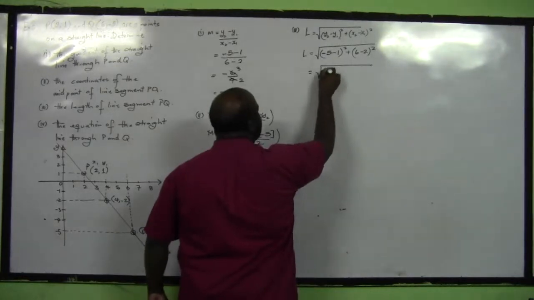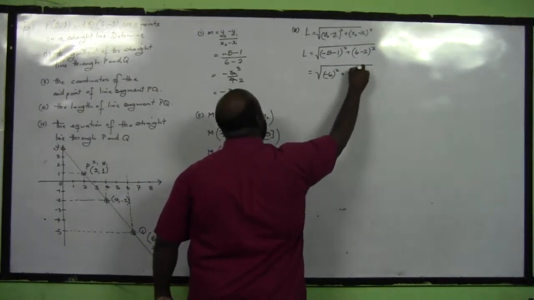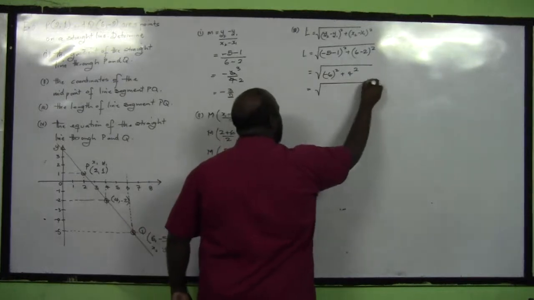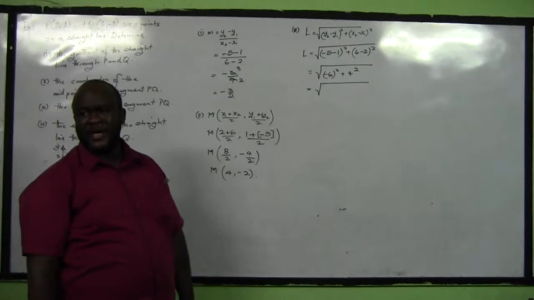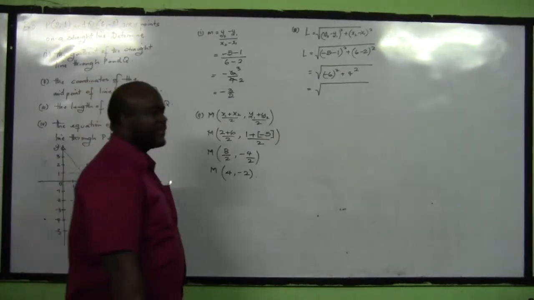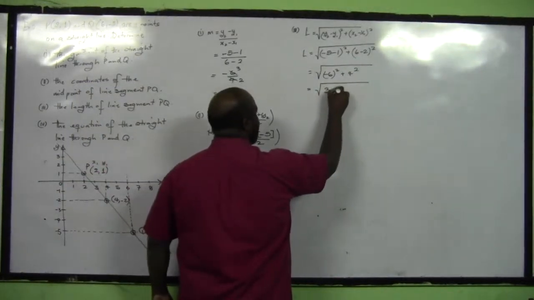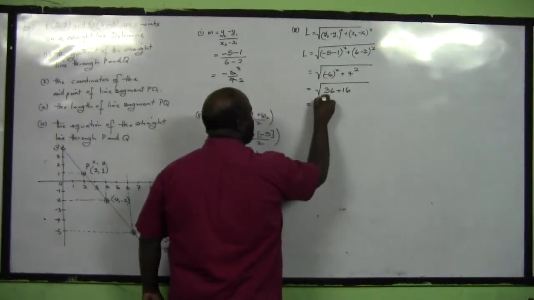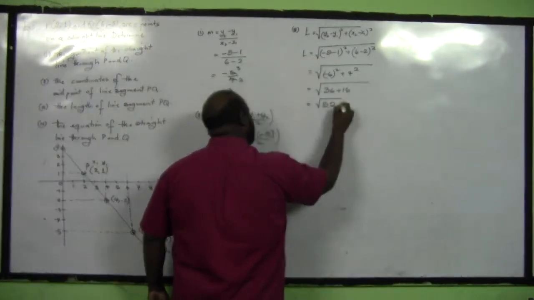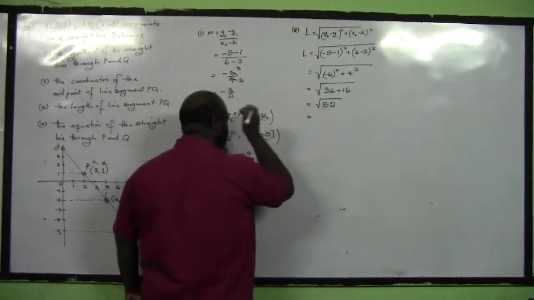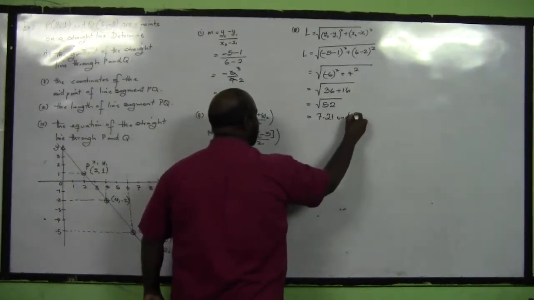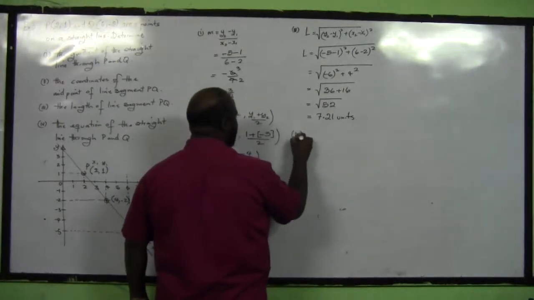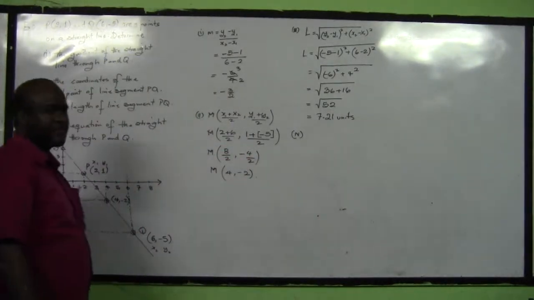This is minus 6 squared plus 4 squared. Minus 6 squared means minus 6 times minus 6. A negative times a negative is positive. 6 times 6 is 36. Use the calculator. What is the square root of 52? 7.21 units.